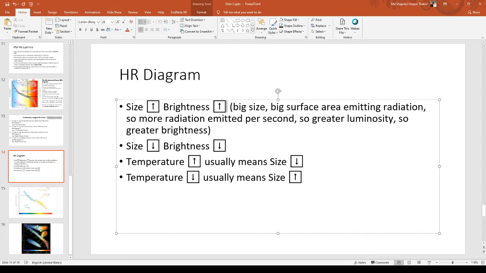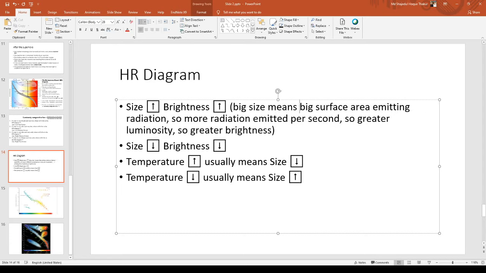Let me use some better words, because big is such an ambiguous word. Large size means large surface area emitting radiation. So more radiation is emitted per second, so greater luminosity, so greater brightness. Simply speaking, if you have a big lamp, it will be more bright. If you have a small lamp, it will be less bright.